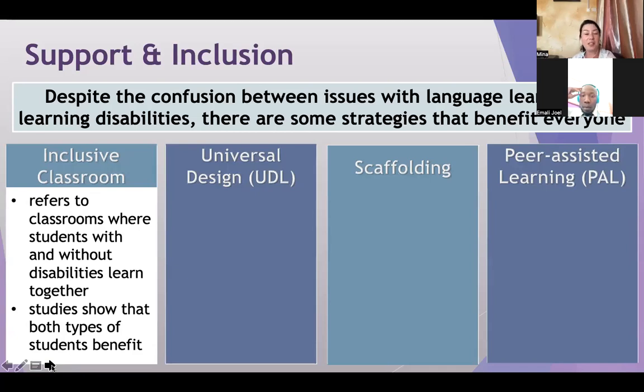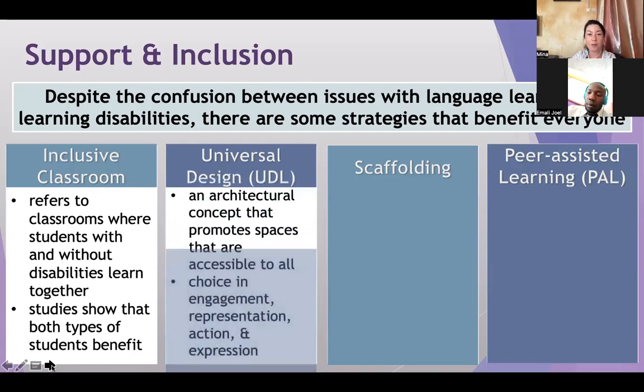If you are interested in the article, they talk about some different strategies, specific strategies or activities that can be done in an inclusive classroom. Jane's slide also mentioned universal design as something that is seen as useful in this type of classroom. It's interesting because universal design was initially an architectural concept.